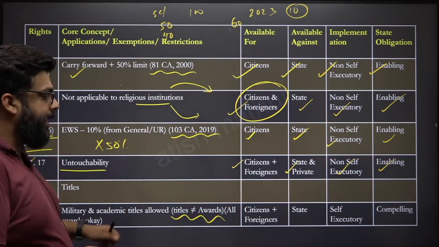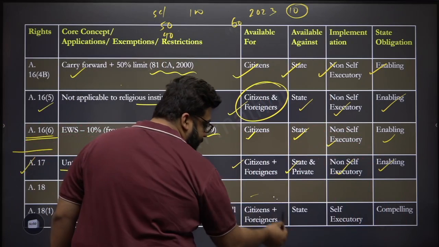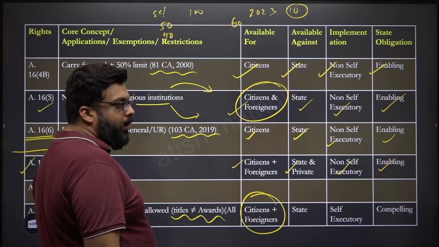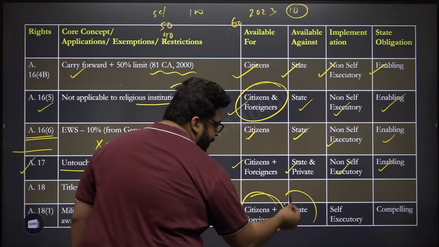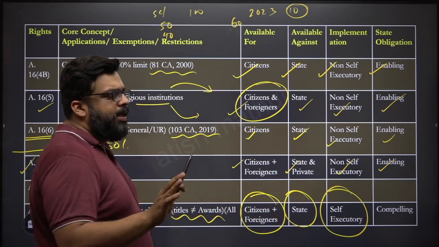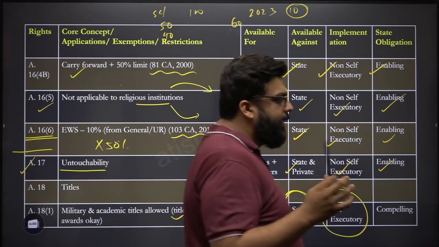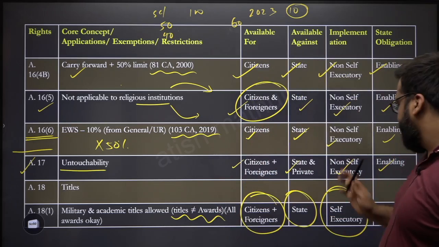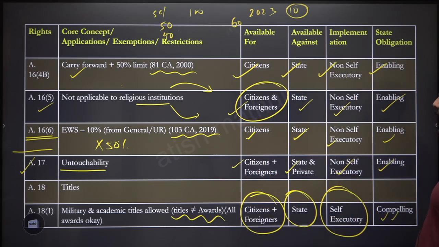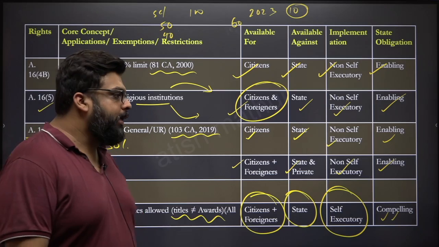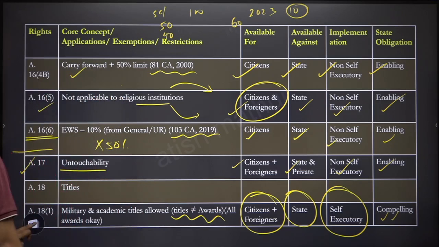Now this is a right which is available for both citizens and foreigners, and because it is the state who's giving you these titles, it is against the state. This is self-executory in nature. As long as the government is not giving you anything apart from a military or an academic title, that's okay. Everything else is going to be a problem, and therefore it is of course compelling in nature, and you have to conform to these principles under any and all circumstances.